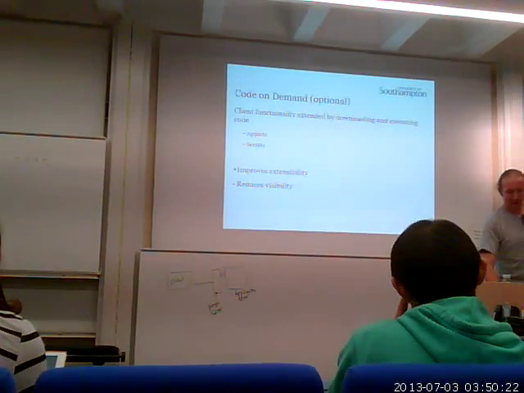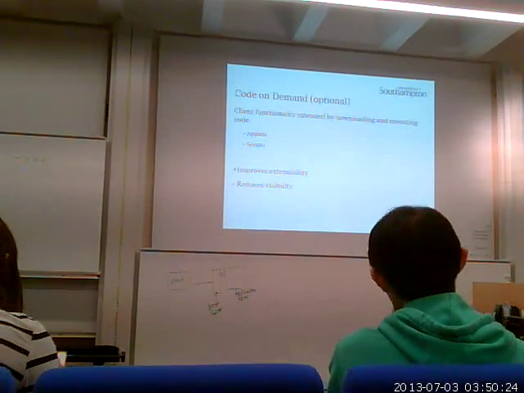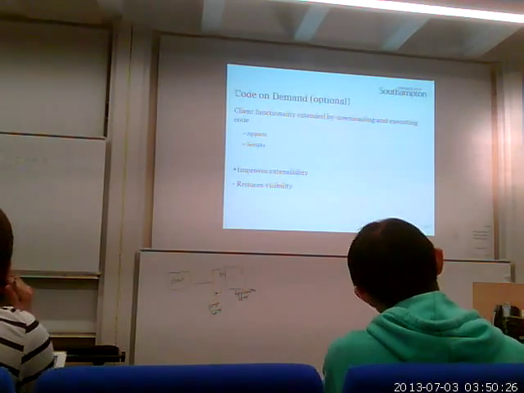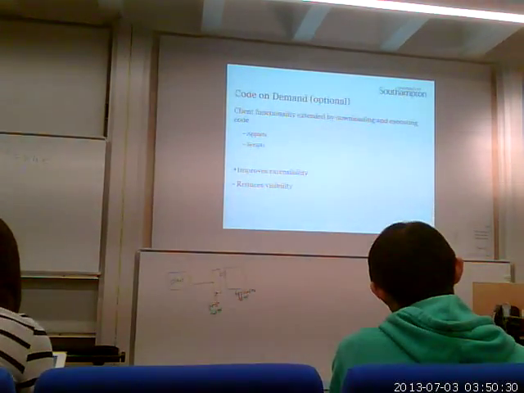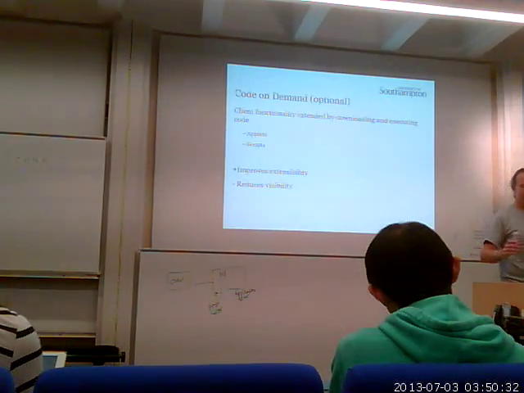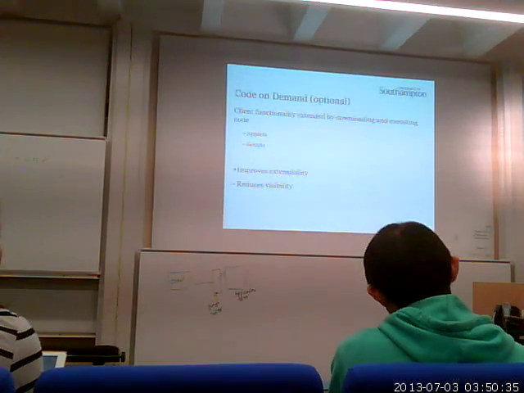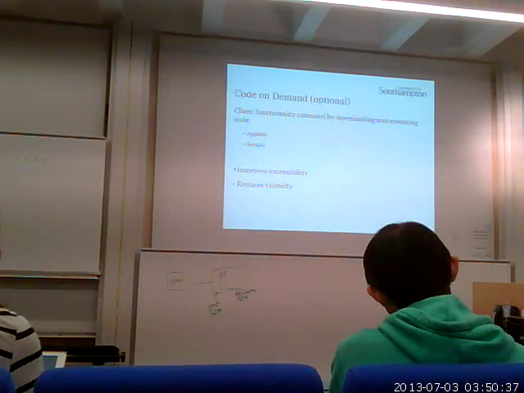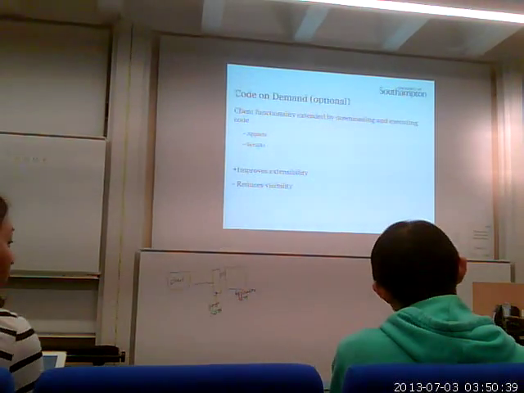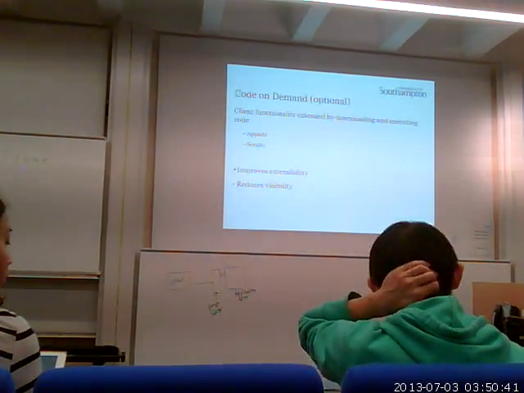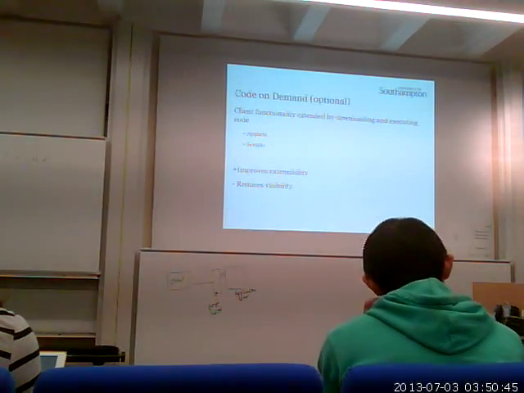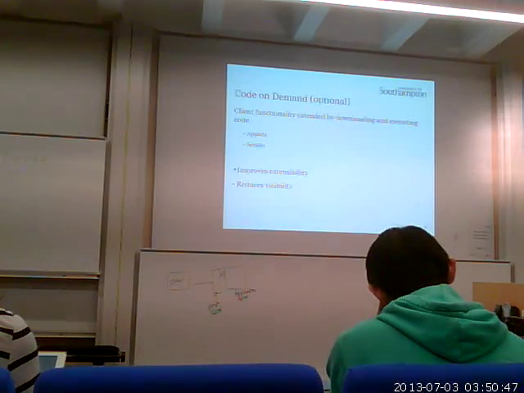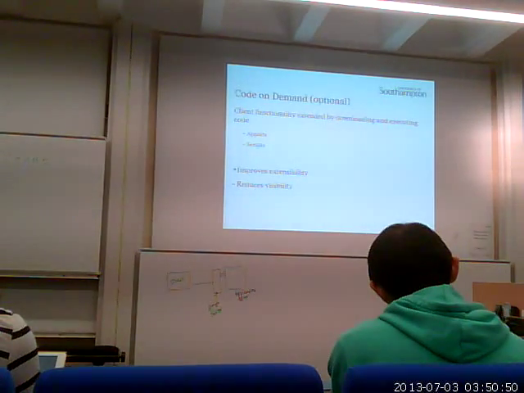The last constraint is optional, but it suggests that the server can extend the client functionality by sending it code. And we see this in the World Wide Web mostly with scripting languages, so JavaScript that runs in the browser, and the server can send that to change the functionality of the client.